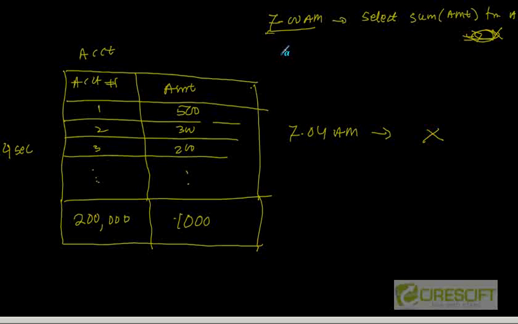Let's say at 7:01 a.m. somebody else comes and removes $100 from this account, so this account becomes 200, and adds $100 to the last account, which becomes 1100. So at 7:01 a.m. we transfer 100 from account number 2 to account number 200,000.